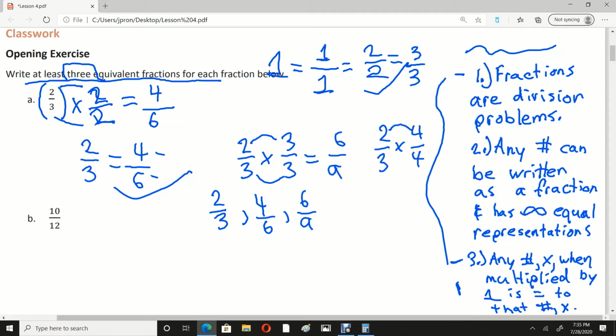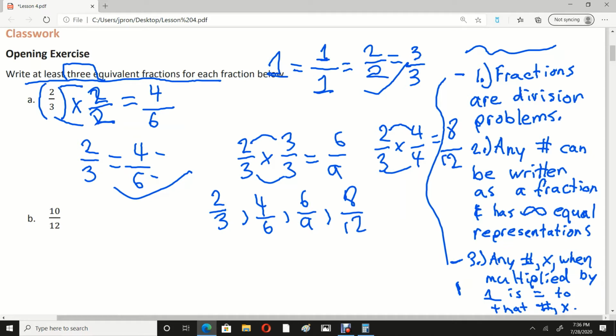So we multiply the numerators: 2 times 4 is 8, over 3 times 4, which is 12. So another equivalent fraction would be 8 over 12, which, including the original 2 over 3, now gives us 4 equivalent fractions.